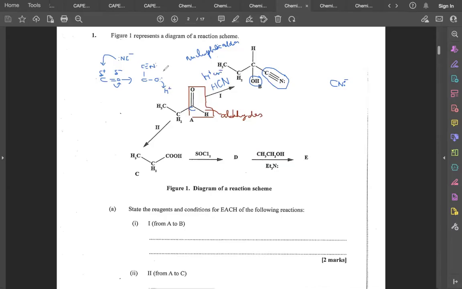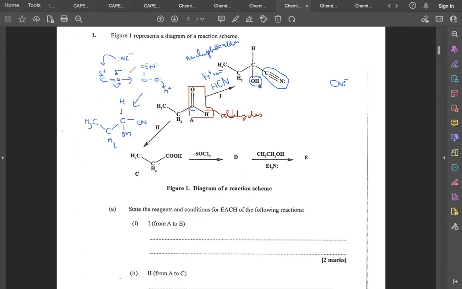That's how we end up with the carbon being modified to create this OH, and the CN gets added onto it as well, and everything else is the same. Do you guys see that? We still have our hydrogen that was here, then we have CH2, and of course we have our CH3 remaining as well, because only the functional group is reacting, right?